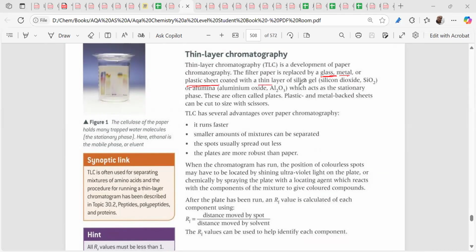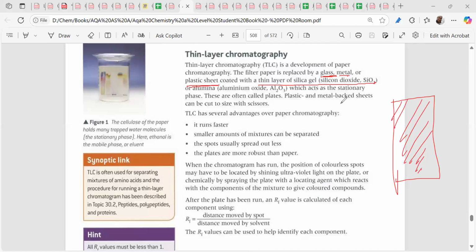But you take a thin layer of silica gel, or you can take alumina. You take a plate, and the coating of silica gel or alumina. Usually silica gel is preferred. So this is the stationary phase. Understood. Now next what happens?